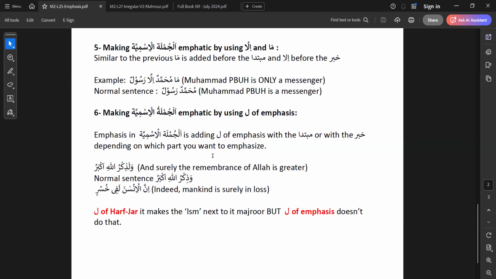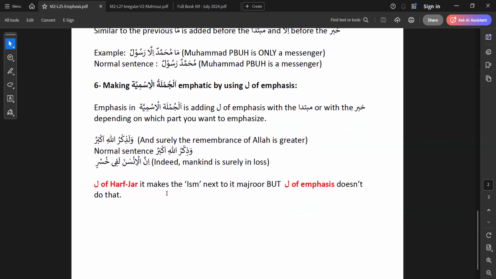SubhanAllah, there's a lot of tafsir done on this. So there's a lot of meaning to that. So lam of harf jar makes the ism next to it majrur. So here khusr, instead of khusrun, becomes khusrin.